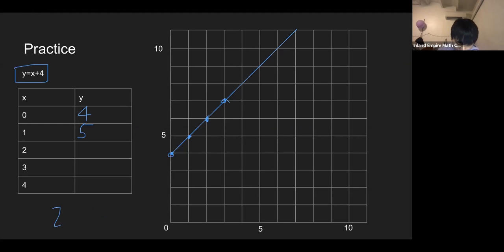So 2 would be 6, and for 3 over here, it would be 7, right? Because it's 2 up from 5, which is 5 plus 2 is 7. And if you count that, it would make sense. For 4, which is over here, it would be 8. So does this make sense?